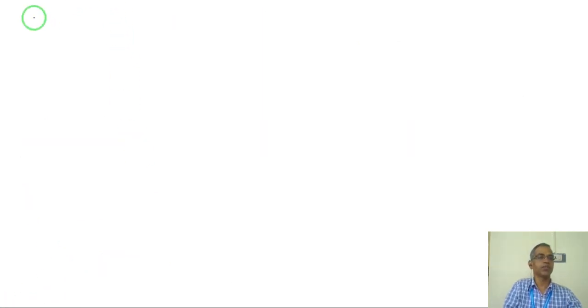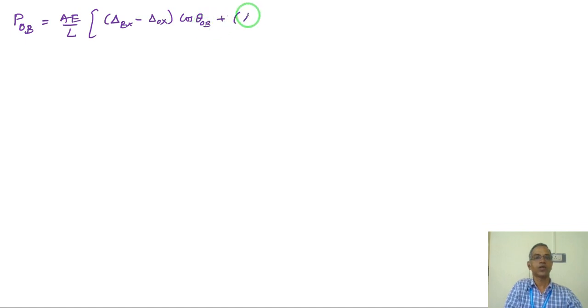Now if you take the force in POB, again AE by L, delta far end is BX minus delta OX into cos theta OB plus delta BY minus delta OY into sin theta OB.